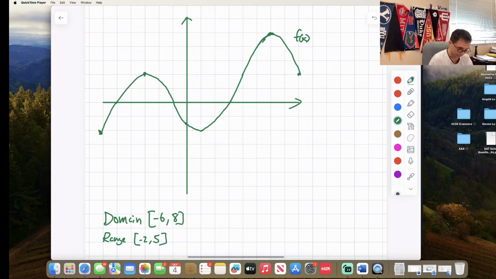Is this okay? Okay, I'm going to ask you, when is it positive? When is it negative? So positive means what? Above the x-axis, from where to where? I'm going to ask somebody. Positive. Let's ask Larissa. Where's the positive? -5 to -1. And negative? Oh, one more. Is there any other positive region? 3 to what?